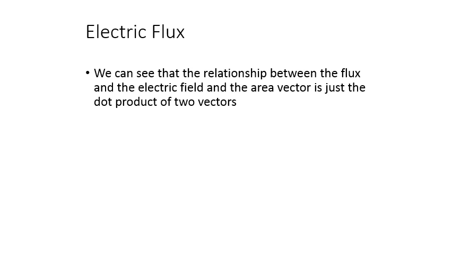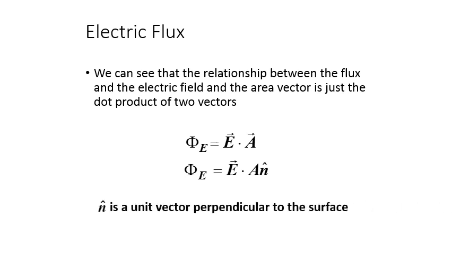We know this. Phi e is equal to E dot A. However, this can also be written as E dot n, where n is the unit vector perpendicular to the surface.